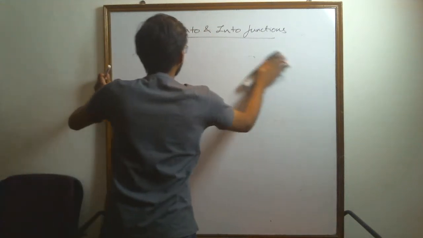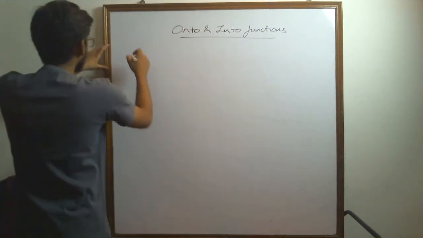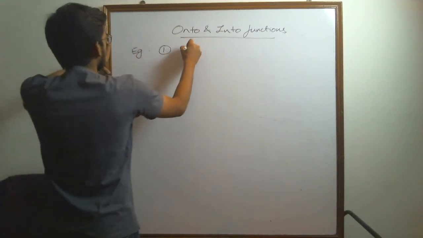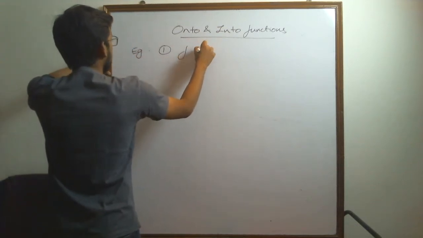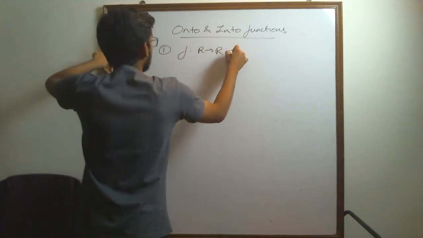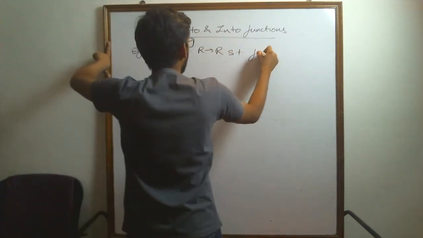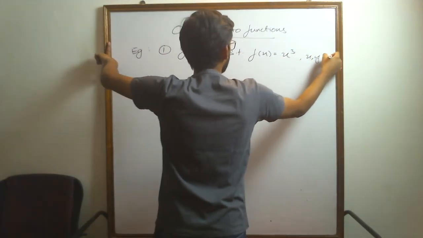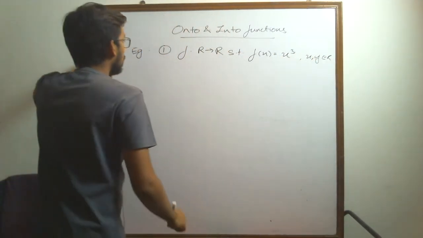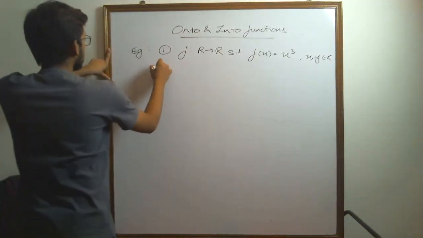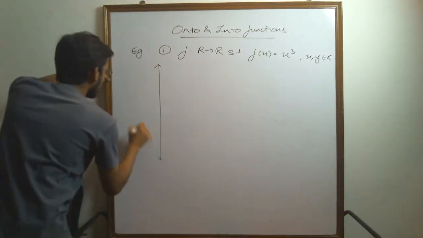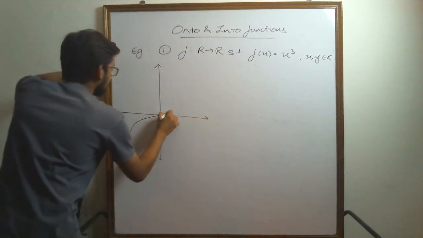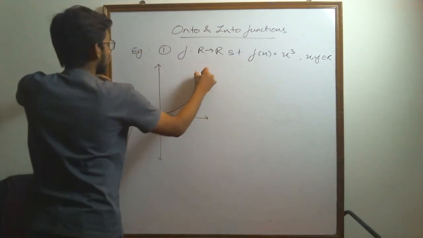If I take some examples, first one, I am defining a function f from the set of R to R such that f of x is equal to x cube, where x and y belong to real numbers. Now let's look at this from the graph. The graph of x cube is like this.